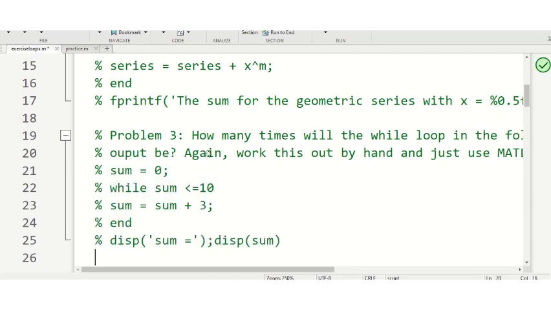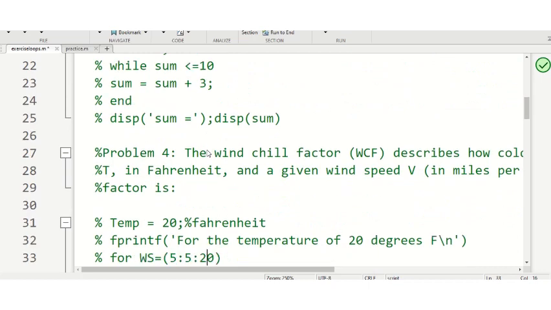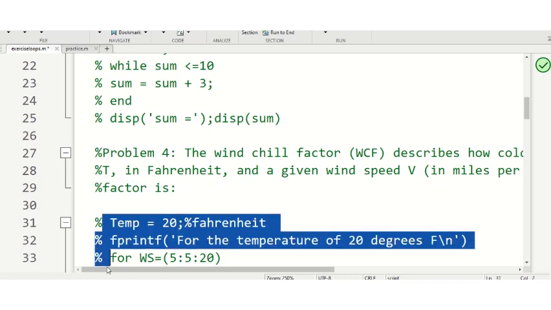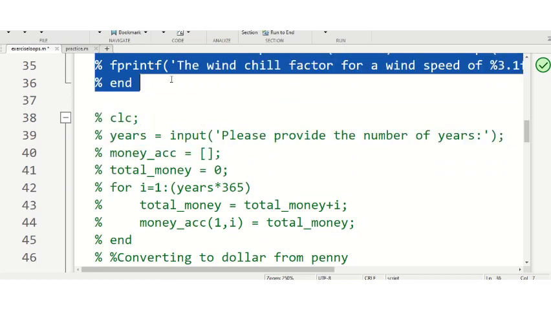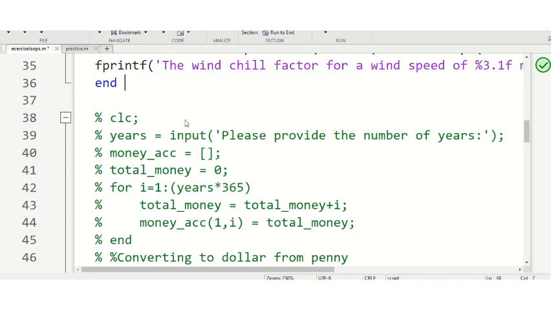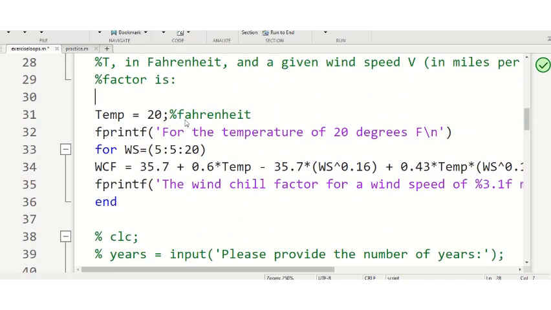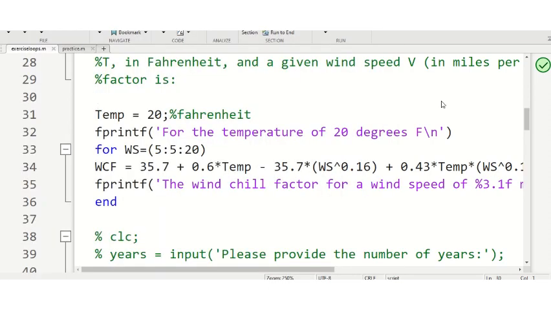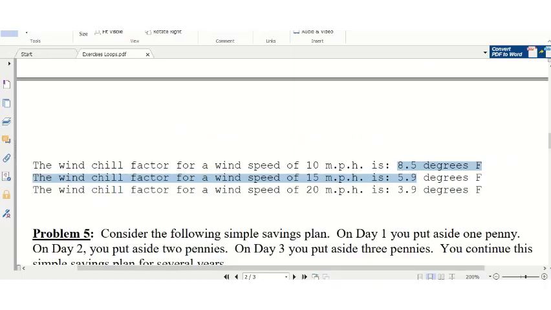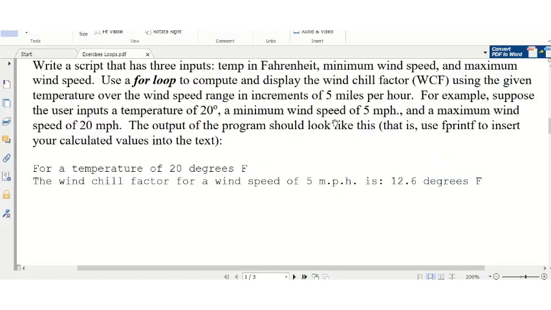And next we are finding the WCF. This is the temperature. The input temperature we are taking as temp equal to 20. This is the given input. What do we have to print as per the question?